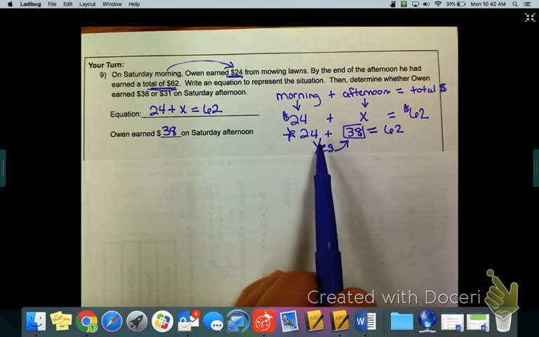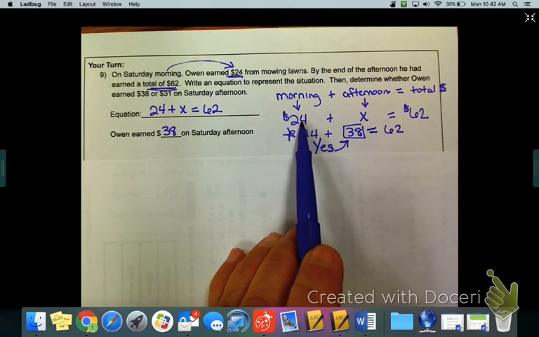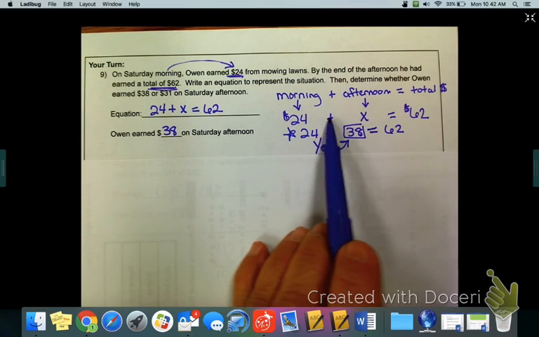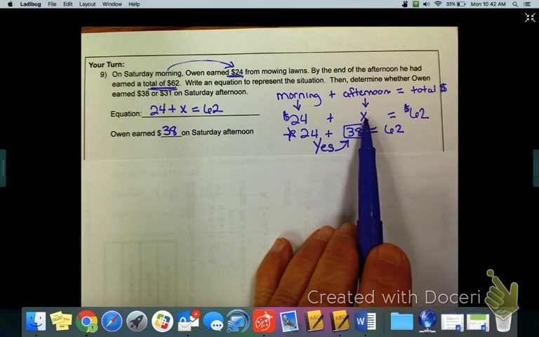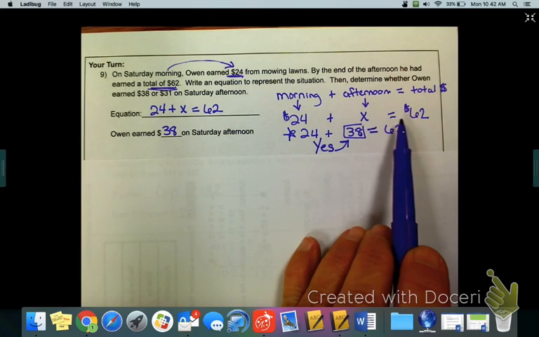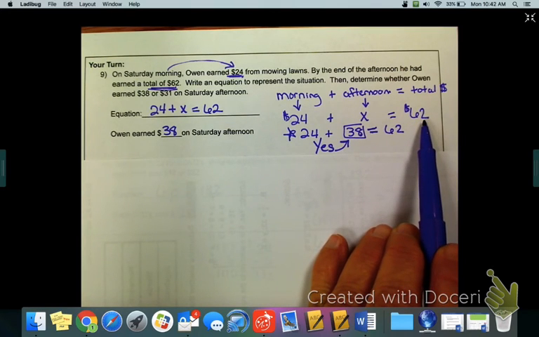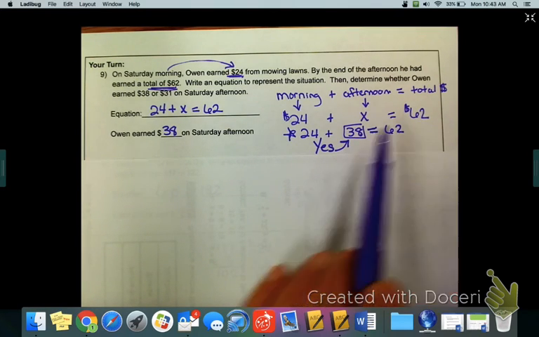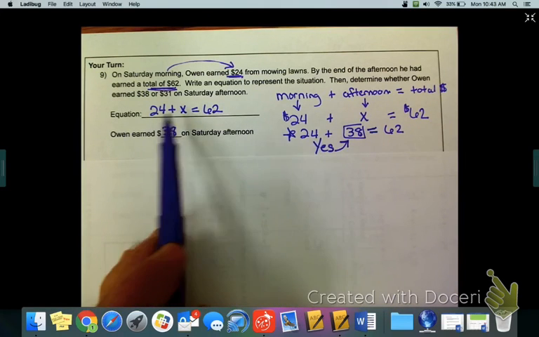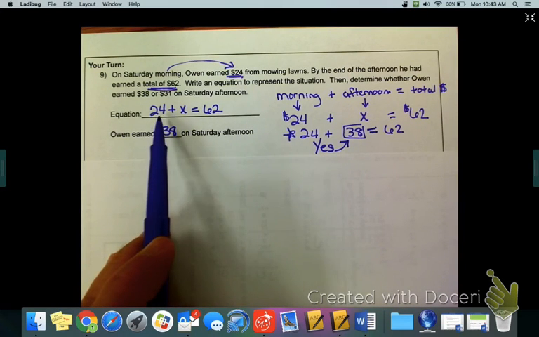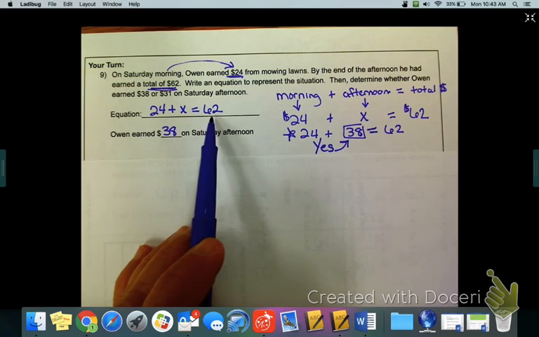It says that he earned $24 in the morning. I don't know what he earned in the afternoon, so I put a variable X there, but I do know his total was $62 for the day. So now I have to plug it in. I rewrote my equation over here, so my equation is 24 plus X equals 62.